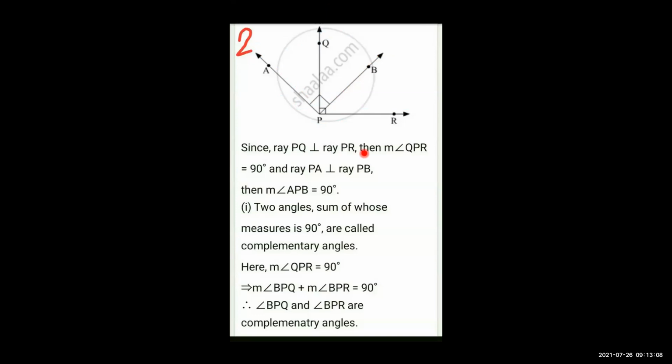You can see it in the diagram. Then the measure of angle QPR is 90 degrees. Similarly, ray PA... pair of complementary angles. Okay, so the angles measuring together 90 degrees.